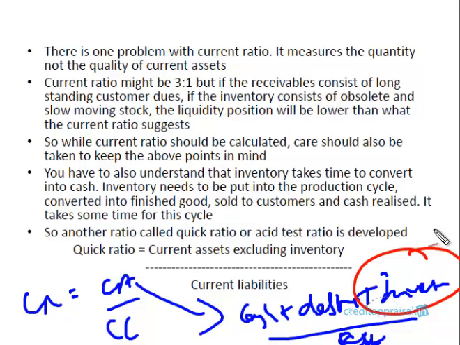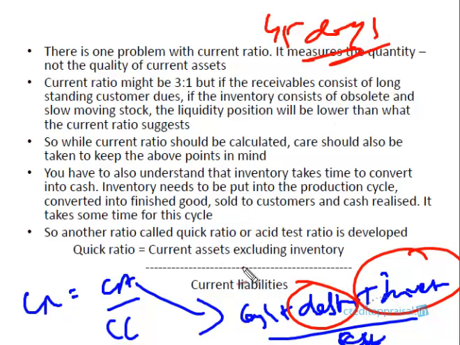Now this inventory might consist of slow moving stock, obsolete stock, right? In that case, the current ratio will be artificially higher, because you're not taking into account the quality of the inventory. Similarly, debtors. Say the company is offering a credit period of 45 days to its customers, but these debtors may include some parties who have not paid for more than 3 or 4 months, long-standing debtors.